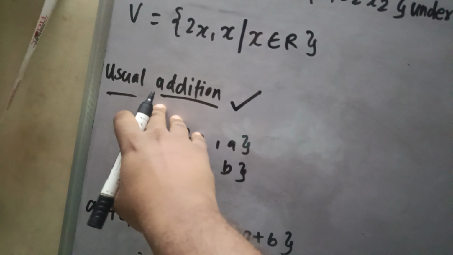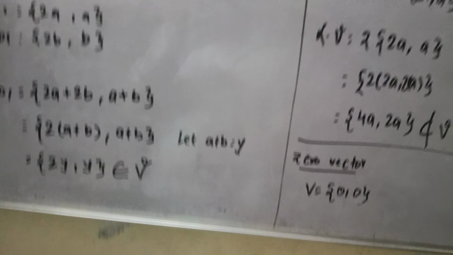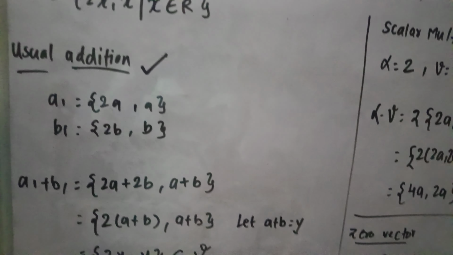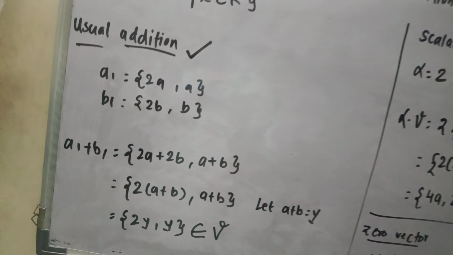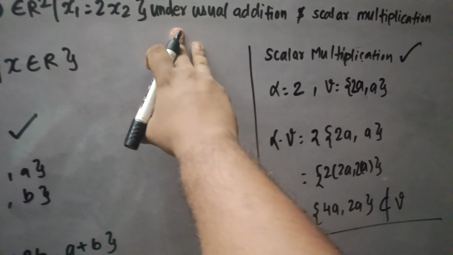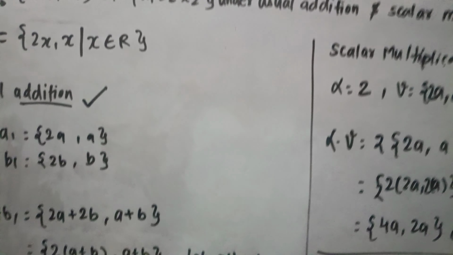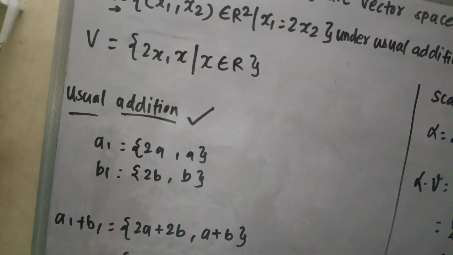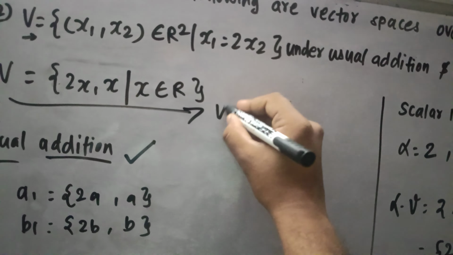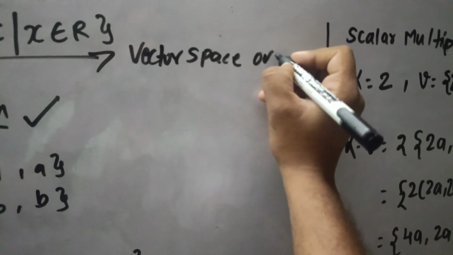So since usual addition and scalar multiplication as well as zero vector are satisfied, we need not check the other axioms like distributivity, associativity, etc. Since it's given in the question that we have to prove under usual addition and scalar multiplication, all those properties are already satisfied. So yes, we can say that this is a vector space over R.